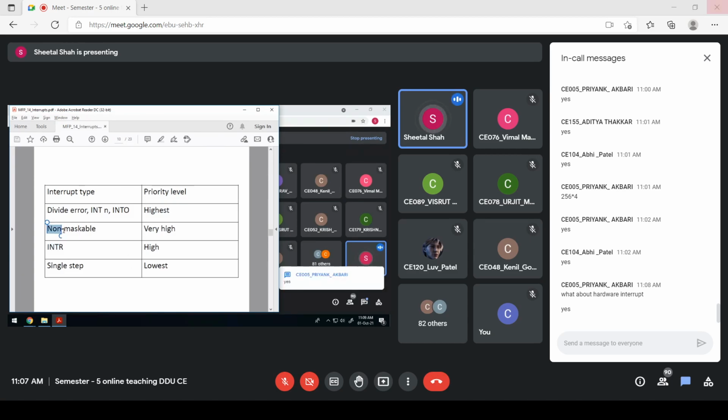Say suppose in an industry, we are connected to a certain boiler, and if the boiler goes beyond a certain temperature, then it would be risky. So in that case, it may send a signal to the NMI pin, and when a signal comes at the NMI pin, a program is written for this non-maskable interrupt.